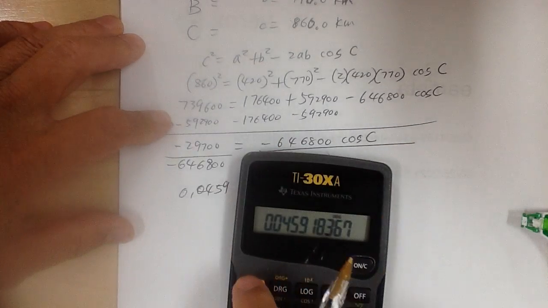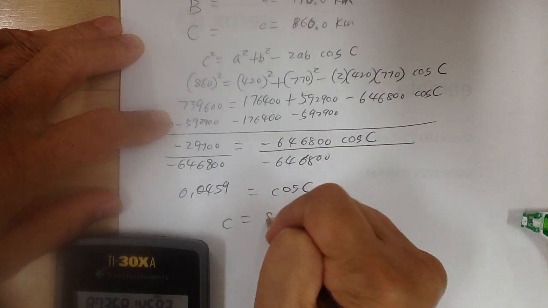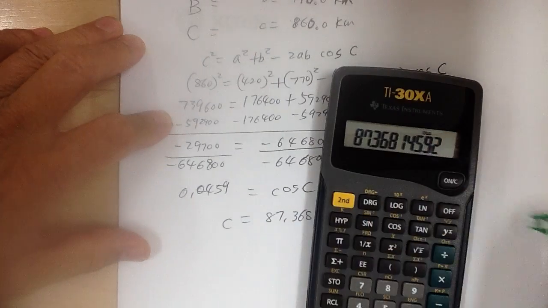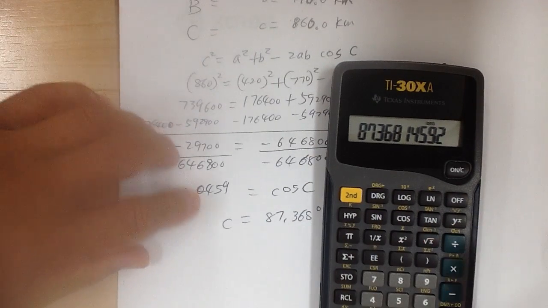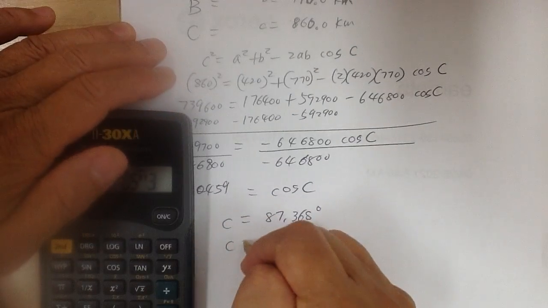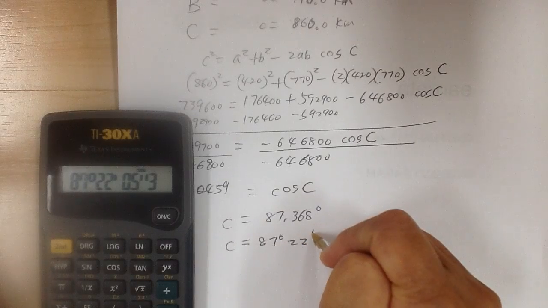So second cosine of that, angle C equals 87.368 degrees. And now to convert into degrees, minutes, and seconds, angle C equals 87 degrees and 22 minutes.